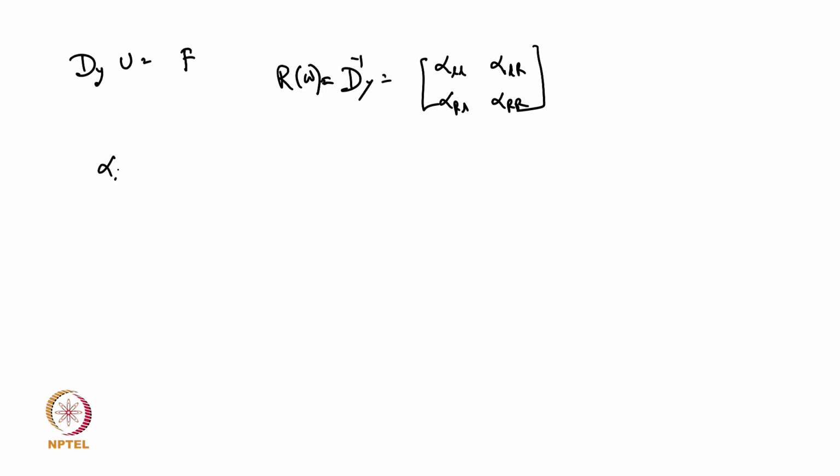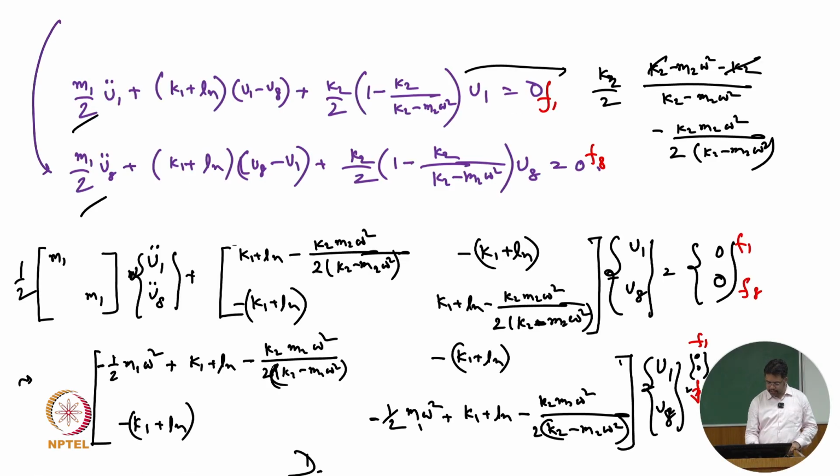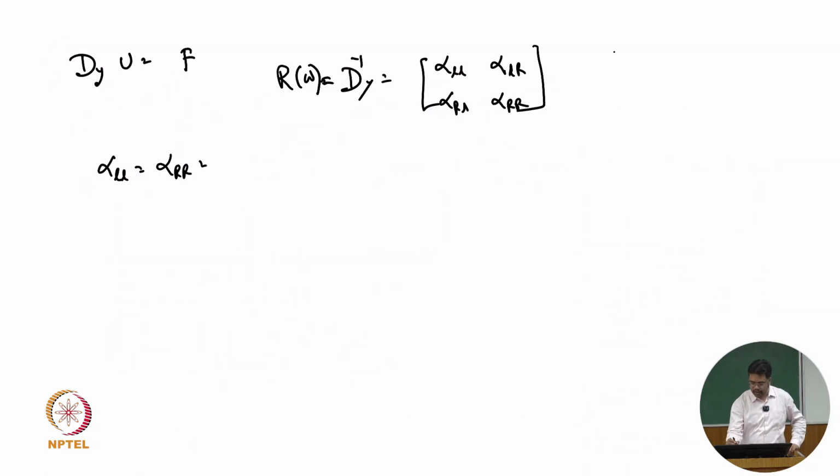So if we are trying to calculate alpha LL, alpha LL will be equal to alpha RR, because these two matrices are symmetric. Now if you remember, if you have a matrix A, B, C, D and you take the inverse, it will become D, A, minus B, minus C, divided by its determinant.